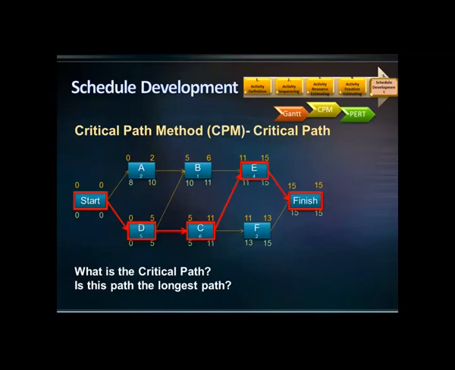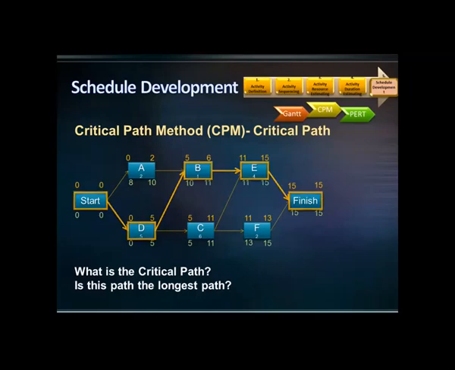Let's evaluate different paths in this example. One path is start to A, to B, to E, to finish. What is the duration of this path? Yes, 7 days. Another path is start to D, to B, to E, to finish.